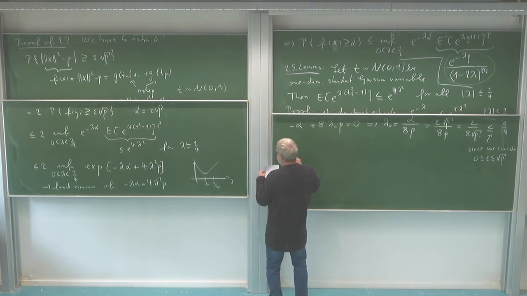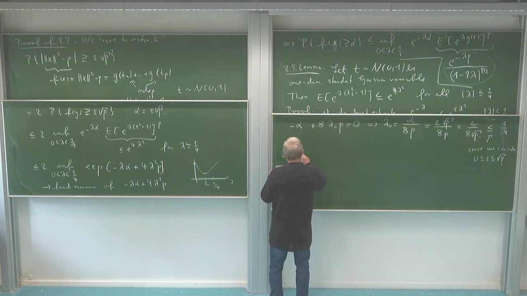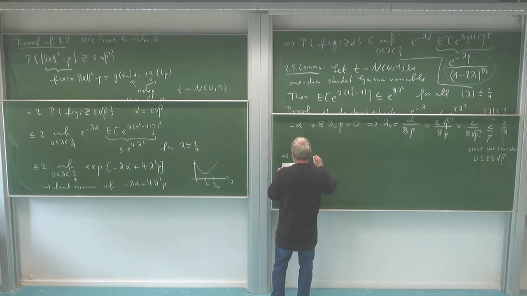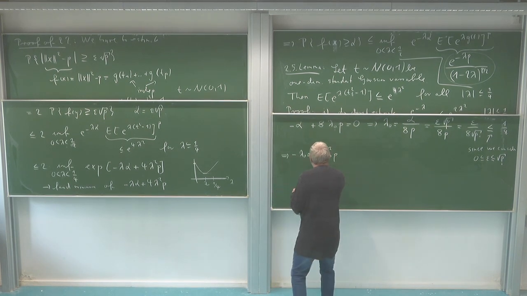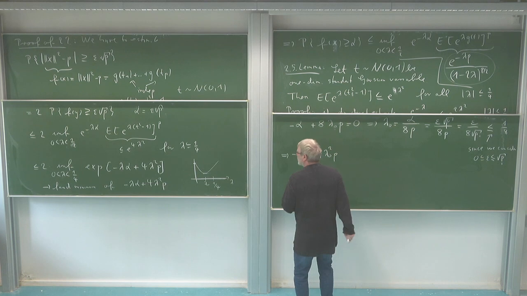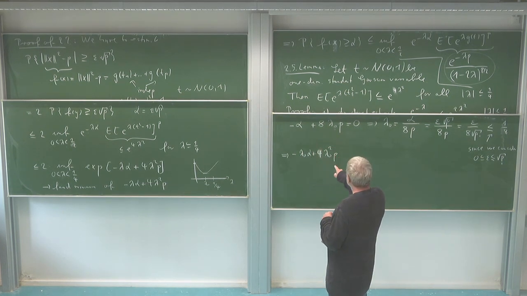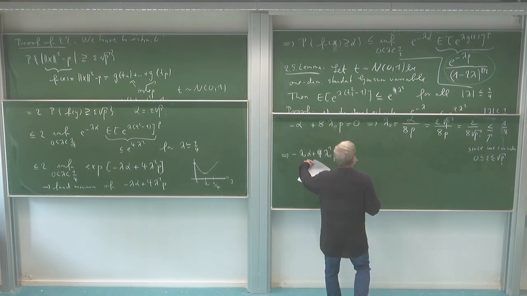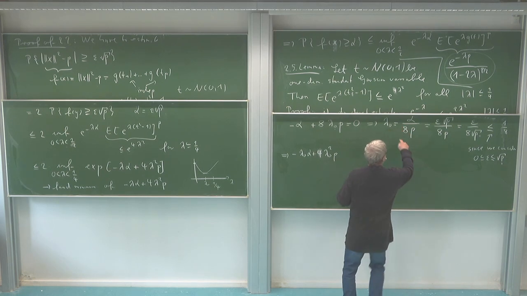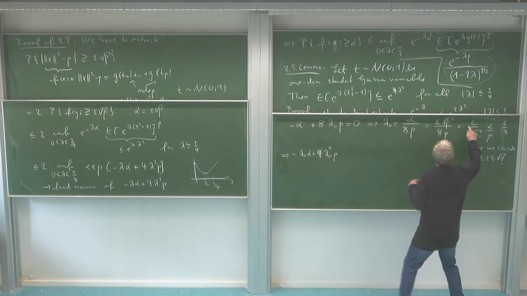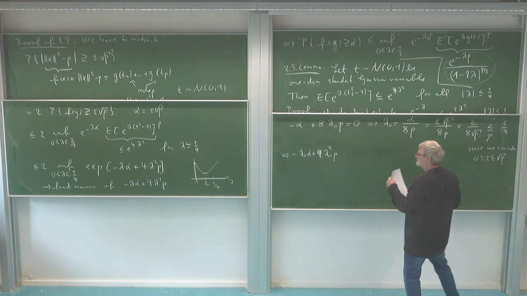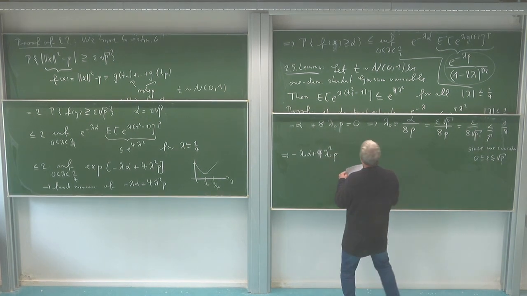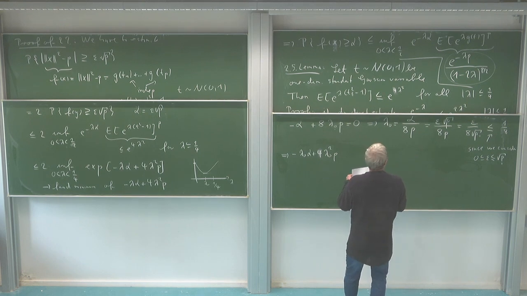So we have minus lambda 0 alpha plus 2 lambda 0... no, actually it's 4. Minus this plus 4 times lambda 0 squared p. Now what is lambda 0? This guy here. Or maybe let's do it first in alpha, and then at the end plug in the epsilon.